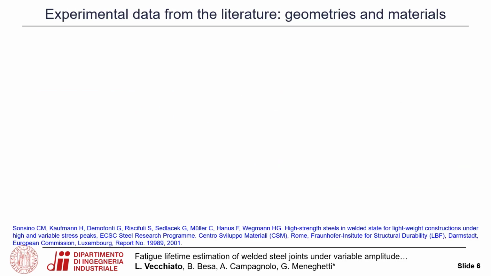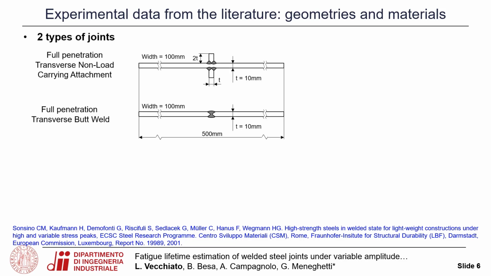To check the validity of the proposed method, a large number of fatigue data taken from the European Steel Research Program cited below has been reanalyzed with the peak stress method. In this work, 2 different types of joint were tested: a full penetration transverse non-load-carrying attachment and a full penetration transverse flat weld.